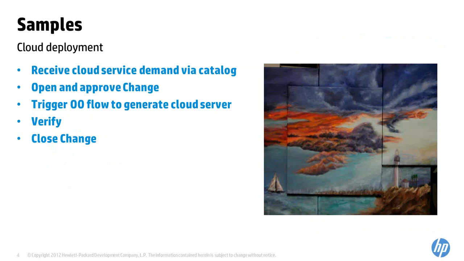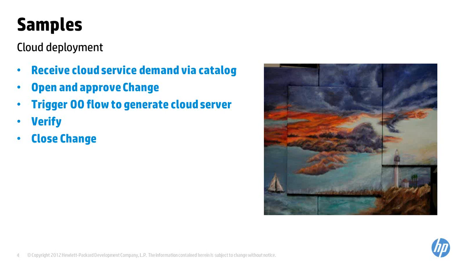From change management in SM, we drive out to operations orchestration, run the OO flow, and execute the deployment of that cloud solution, push it out into the cloud environment, and then update the change that the cloud deployment took place.